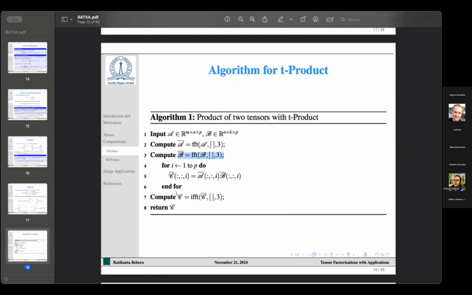On the right hand side, you are transforming those tensors to the Fourier domain, using the FFT in the third direction, and those third direction slices are collections of block circulant matrices, and similarly for B. Now on the left hand side you are multiplying two tensors. That's not required. You can go to the right hand side and do the multiplication of two block diagonal matrices. So this is easy and we can do it.